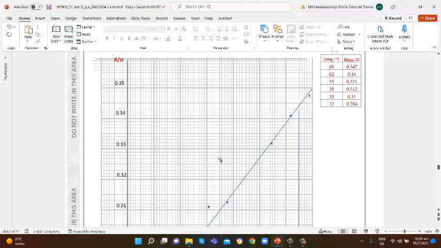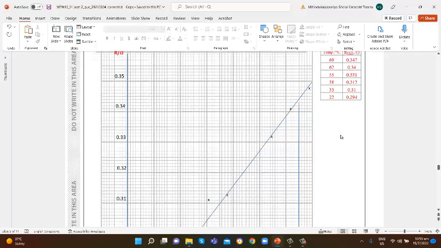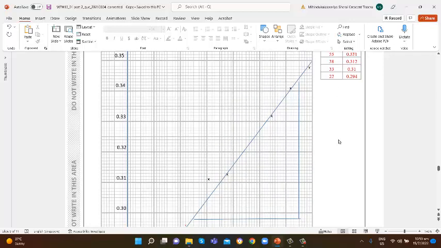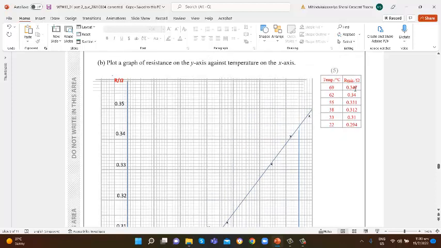Take a graph paper. Without looking at my graph, you draw. Follow my idea and draw the graph and the best fit line and do your calculation and see whether my calculations are equal to yours. I have written everything, and you know I have to get 3 decimal points for resistance and 2 decimal for temperature.